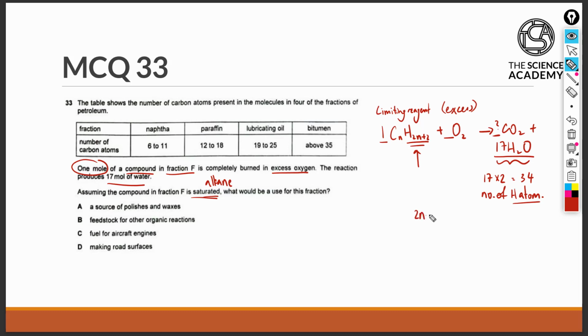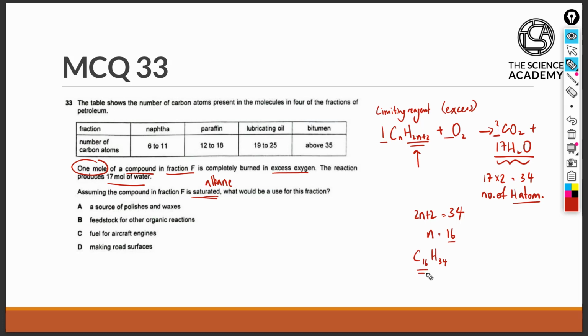So if 2n plus 2 hydrogen atoms in one molecule of this compound gave 34 hydrogen atoms, n will be 16. Therefore, we can derive the molecular formula of the compound to be C16H34 by substituting n equals 16 into the general formula.